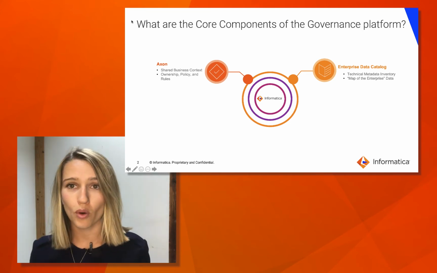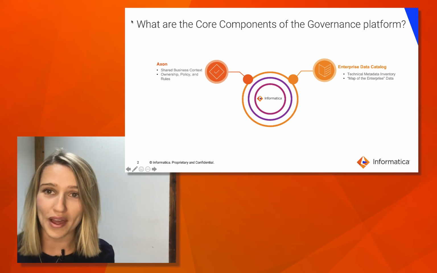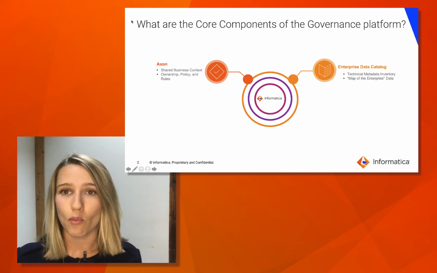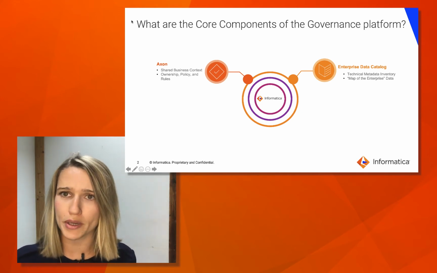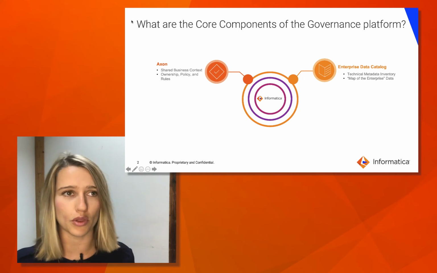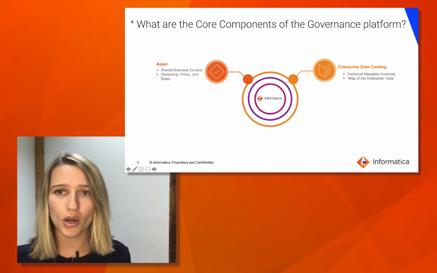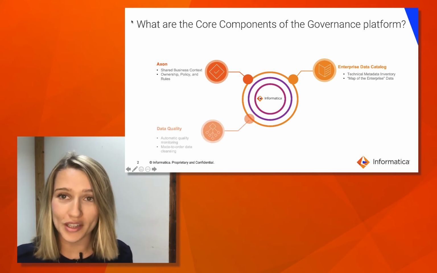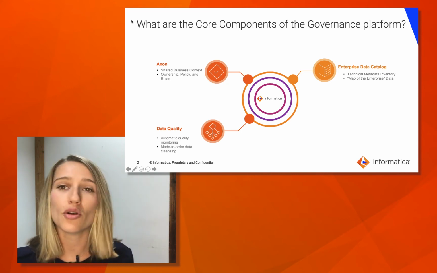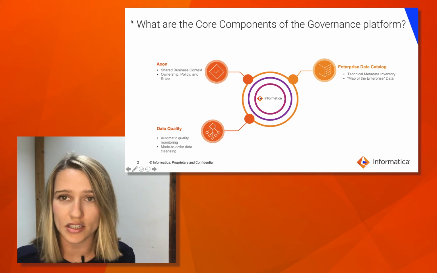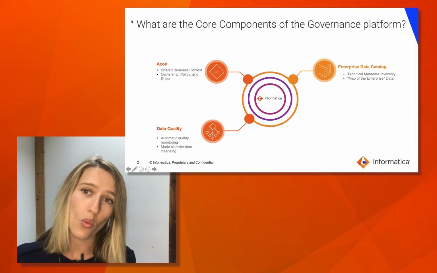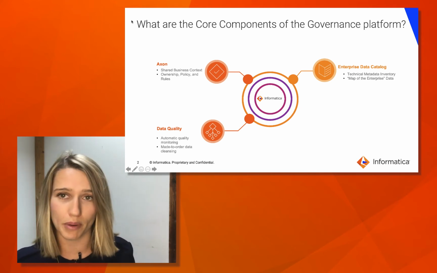So what else do we need then? Well, we've thought about where the data is, we've understood the lineage, we've started to build up the business context in Axon with the processes and so on. But we'll probably want to know what kind of quality that data has. So when that data is in these various systems, can it be trusted? What could we use it for? Is it fit for purpose?